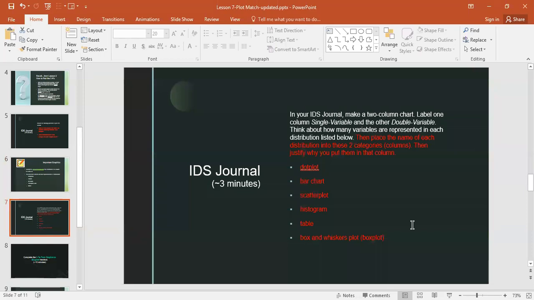So what does that mean? That means, does each one of these representations represent one variable at a time, or are you using two variables at a time? Let's stick to two, right? So is this a one variable representation every time I create something with this, or is it a two variable representation?